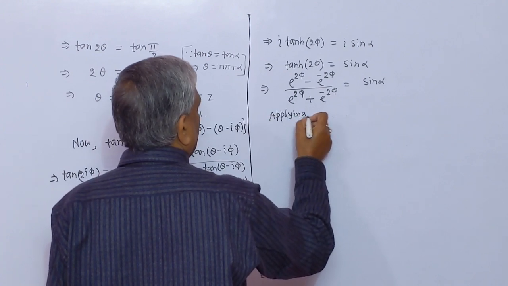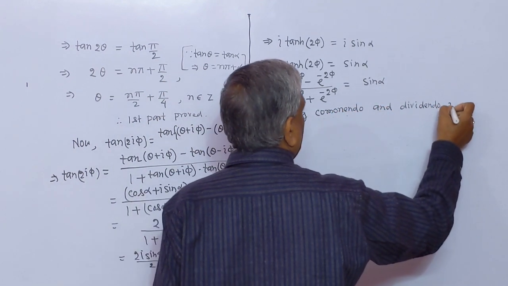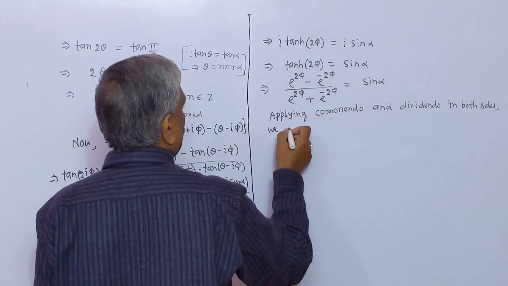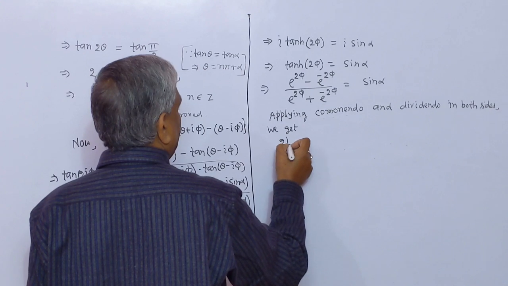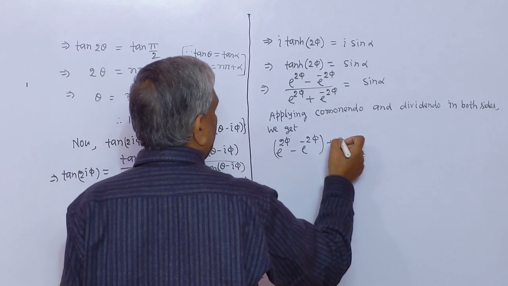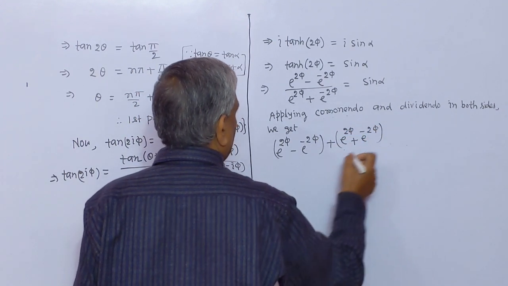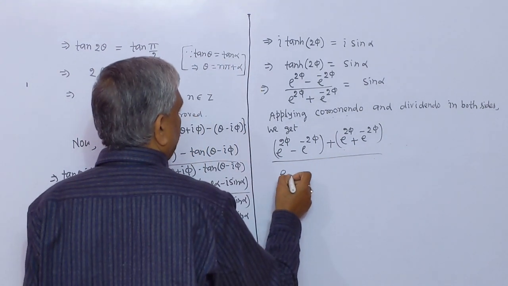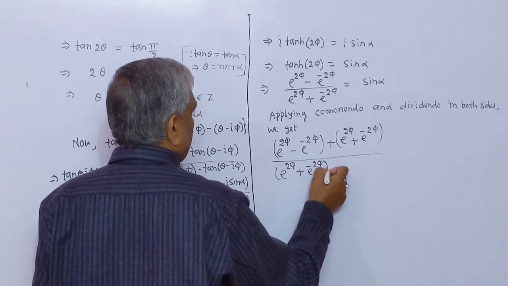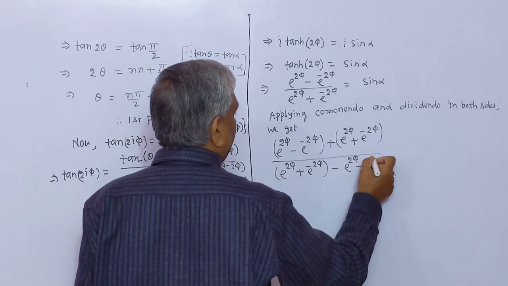Applying componendo and dividendo on both sides, we get numerator plus denominator: e to the power 2 phi minus e to the power minus 2 phi plus e to the power 2 phi plus e to the power minus 2 phi, by denominator minus numerator: e to the power 2 phi plus e to the power minus 2 phi minus e to the power 2 phi minus e to the power minus 2 phi.